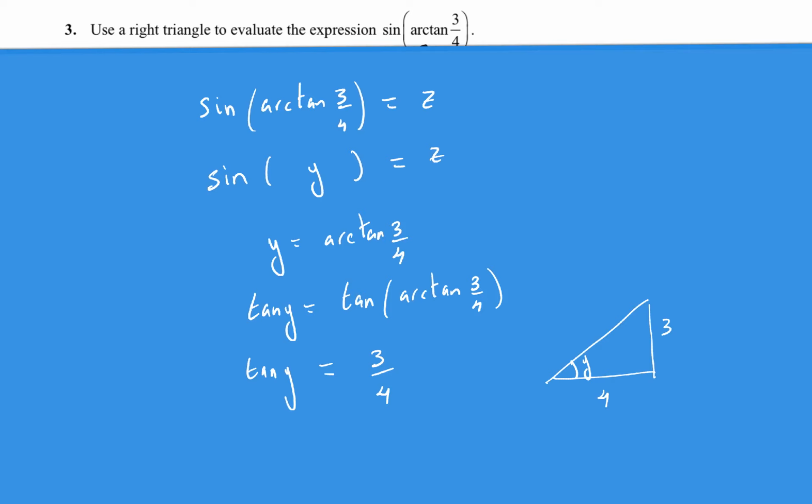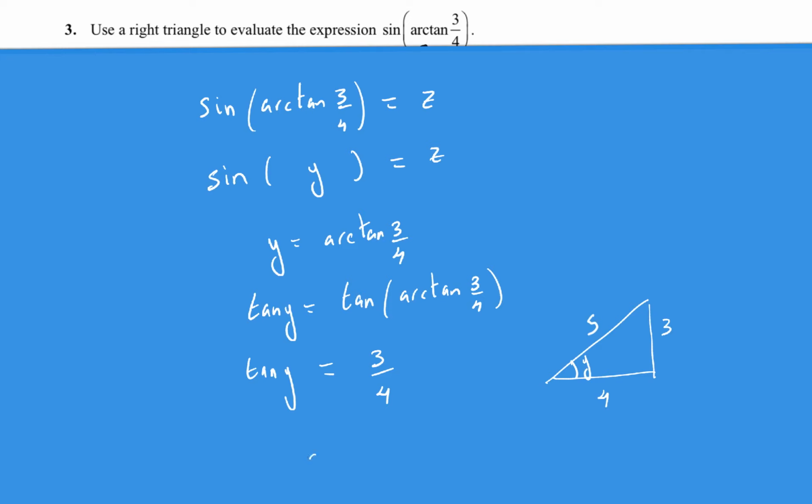So I will look in the same right triangle. This is why he said to do it with a right triangle. The sine of y is the opposite divided by the hypotenuse, but the hypotenuse is the square root of 4 squared plus 3 squared, or square root of 16 plus 9, which is square root of 25, which is 5.